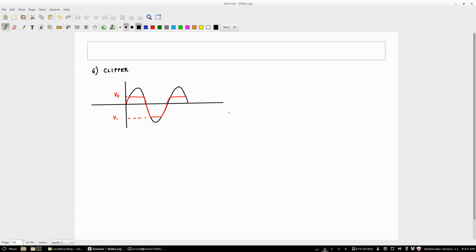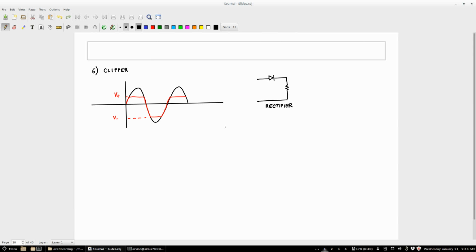In fact, we have already looked at a very special case of this: a half wave rectifier. What is the value of V plus and V minus for that? V minus is 0 and V plus is very high, so it comes through, right?